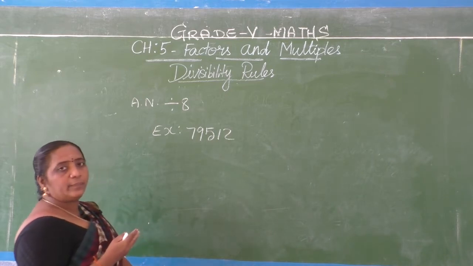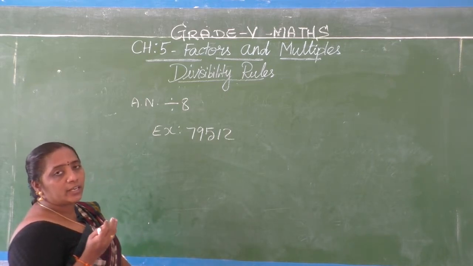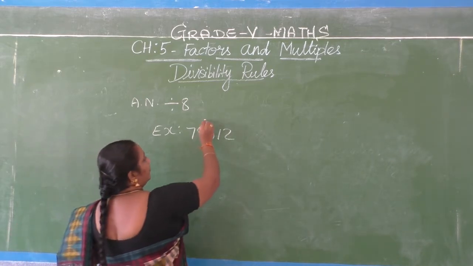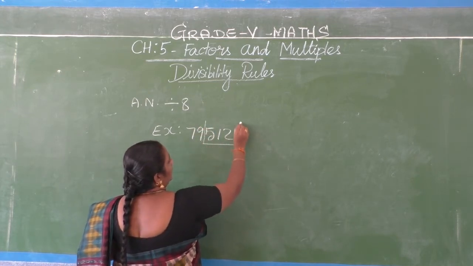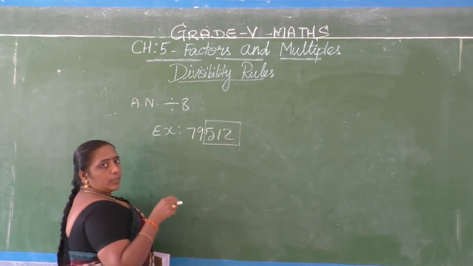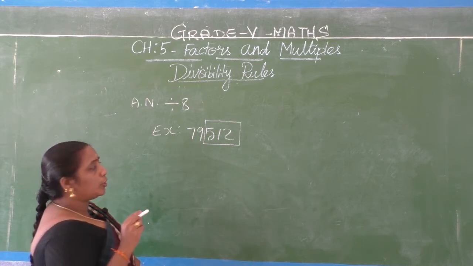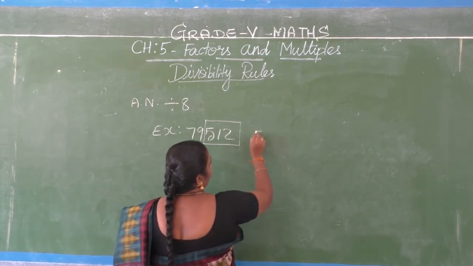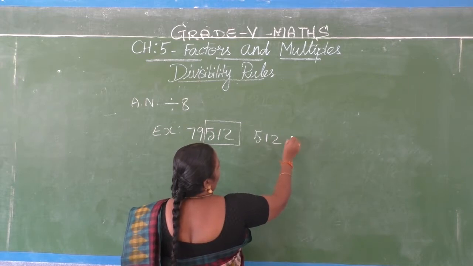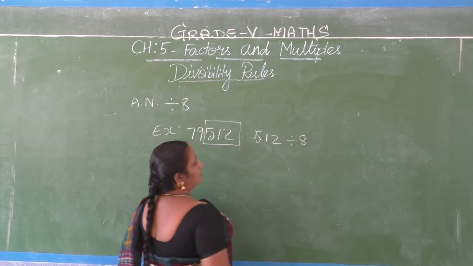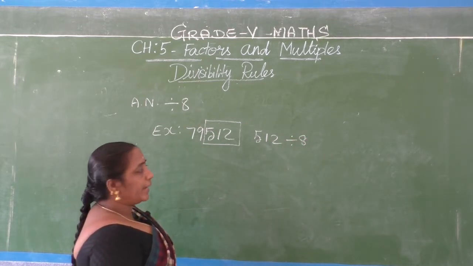79,512. Will this number be divisible by 8 or not? How can we find it? We have to take the 3-digit number, the ones, tens and hundreds together. So 512. You have to check it by 8. Will this number be divisible by 8 or not?